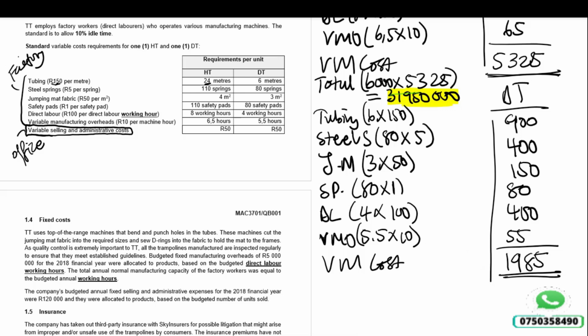And then for DT, it's going to be 18,000 units multiplied by 1,985, which gives me a total of 35,730,000.